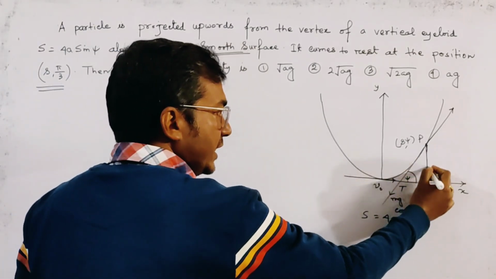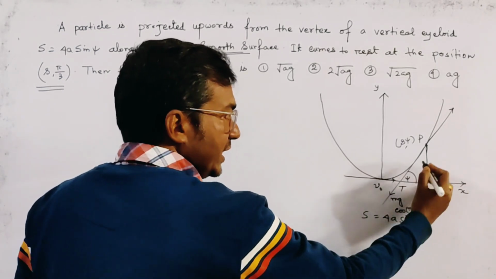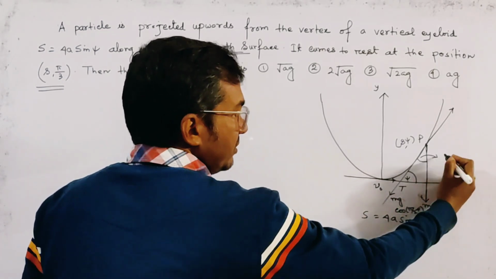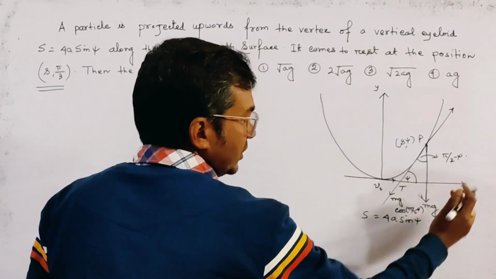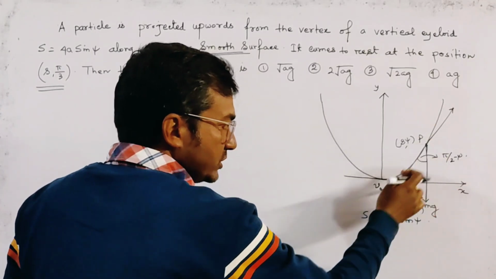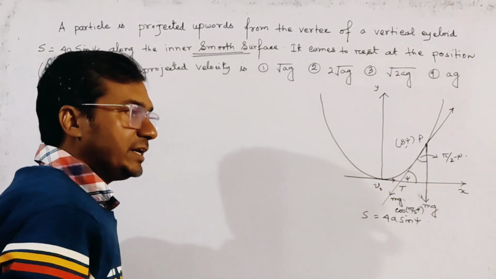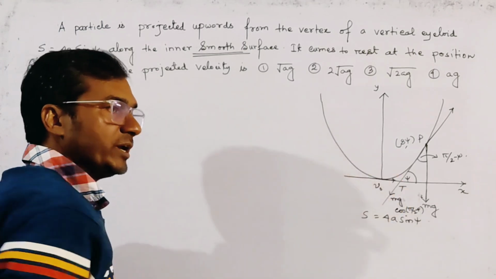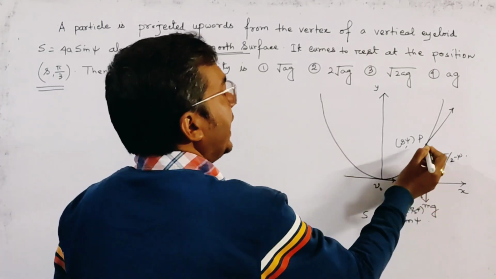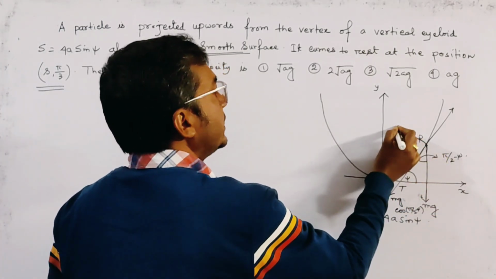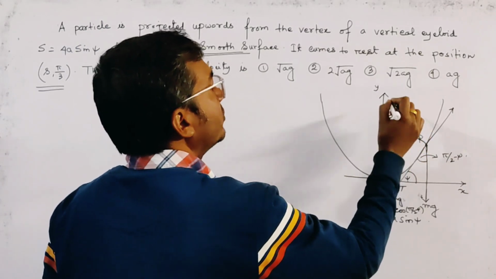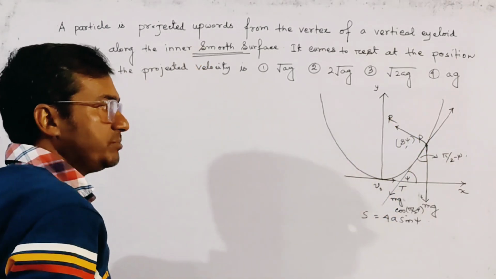This is a right angle triangle, so one angle is psi, and this angle is pi by 2 minus psi. So the component of mg along the negative direction of the tangent is mg cos(pi by 2 minus psi). And clearly this is the normal reaction, it acts along the inward normal, this is positive.